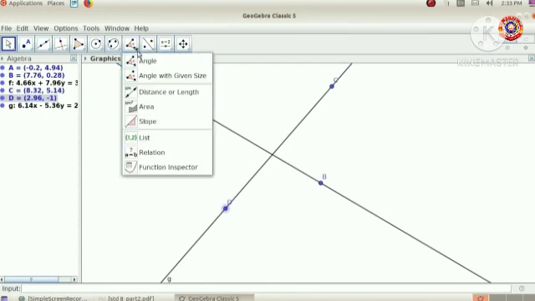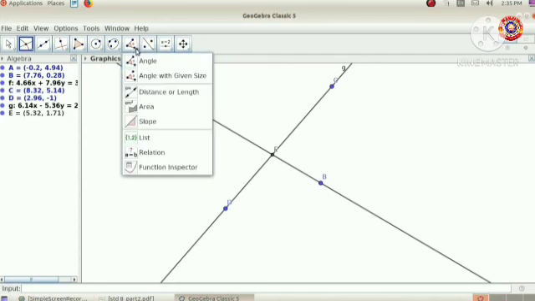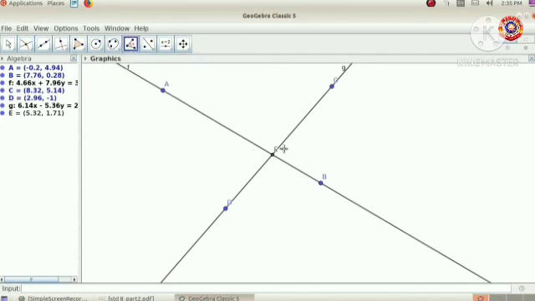Now, our activity is to mark or measure the angle between the lines. Before that, first we have to find the intersect point. Okay, take intersect option from the point tool group and click on the two lines to get the intersecting point. Now, take angle tool from this group.